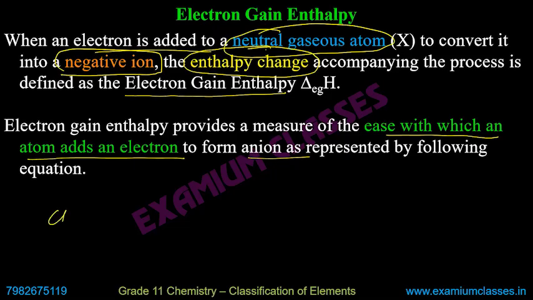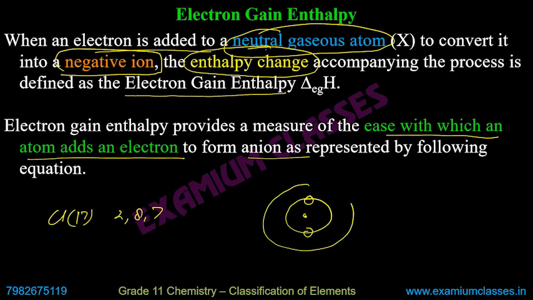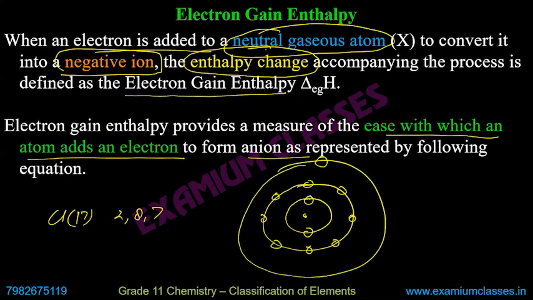Chlorine has 17 electrons total, 2, 8, 7. So 2 electrons will be here, 8 electrons will be in the second shell, and in the third shell there are 7 electrons. 1, 2, 3, 4, 5, 6, 7.